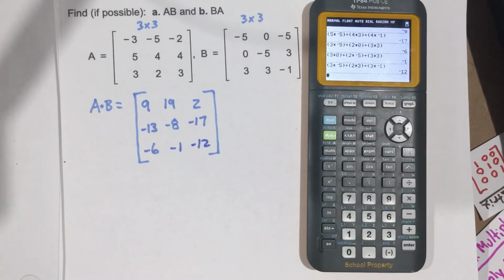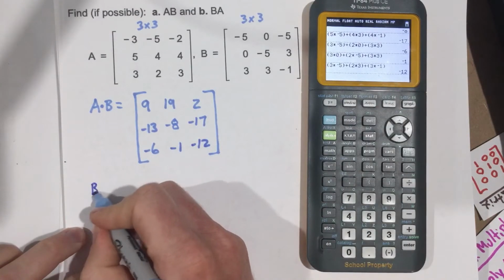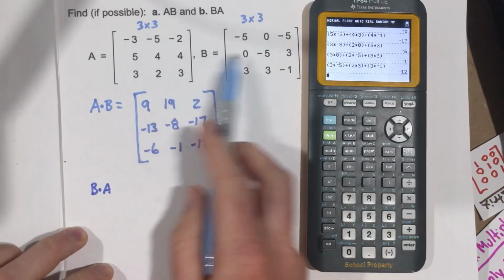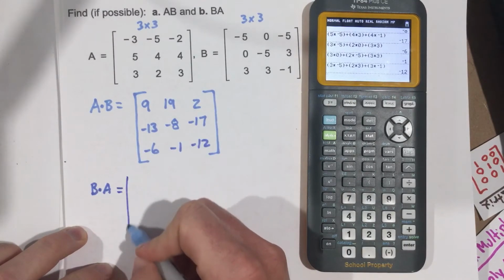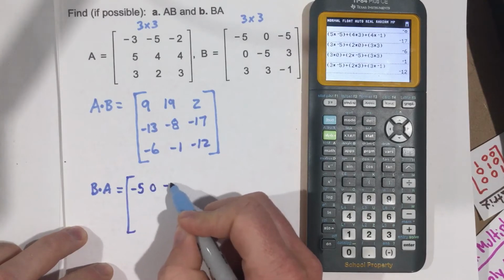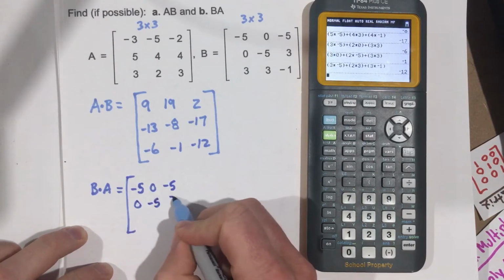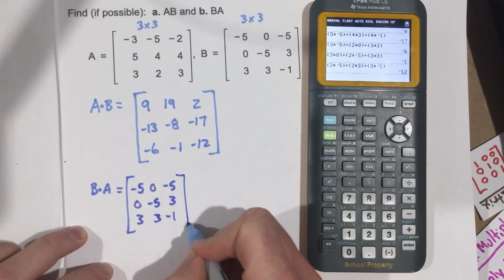So now we have to do B times A. So let's go ahead and write out B times A. So B times A is going to be, and we need to really flip these backwards. So I'm going to do that just to make it easier on us. So I'm going to write negative 5, 0, negative 5, 0, negative 5, 3, 3, 3, negative 1.